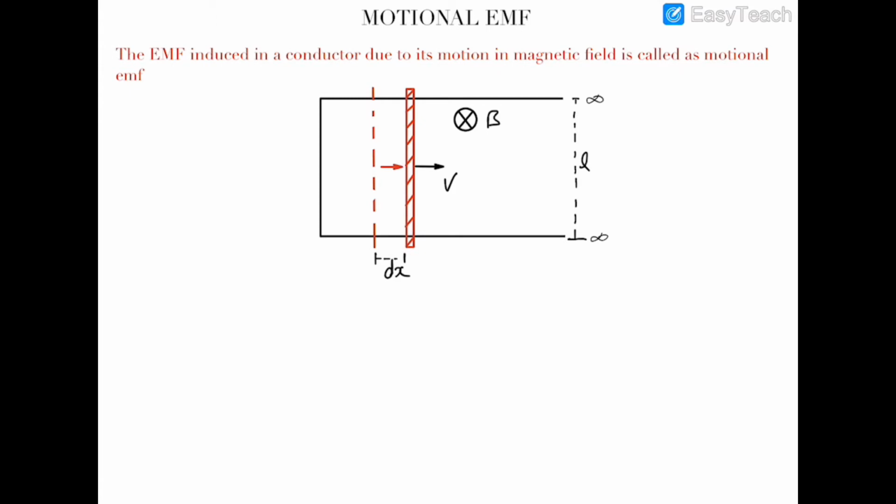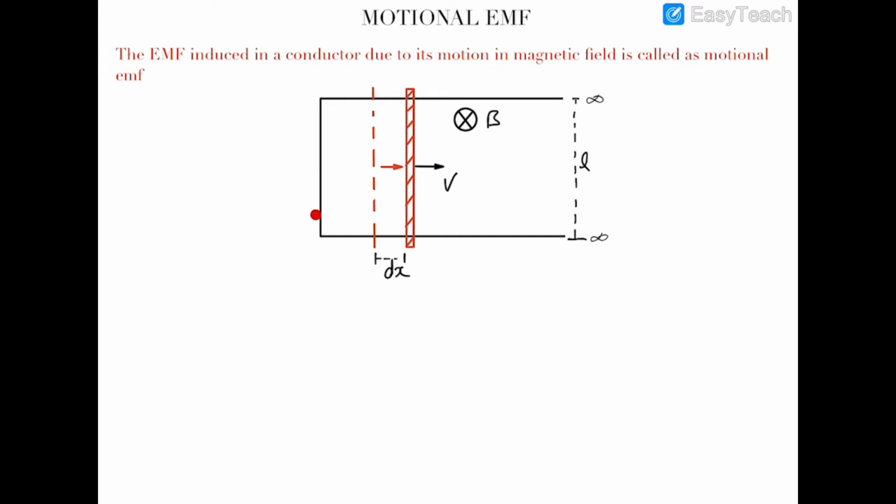Now let us suppose that the rod was initially at this position and it has moved by a distance of dx in time dt. Now which loop is being created here? Initially this was the loop and now the loop is this one.